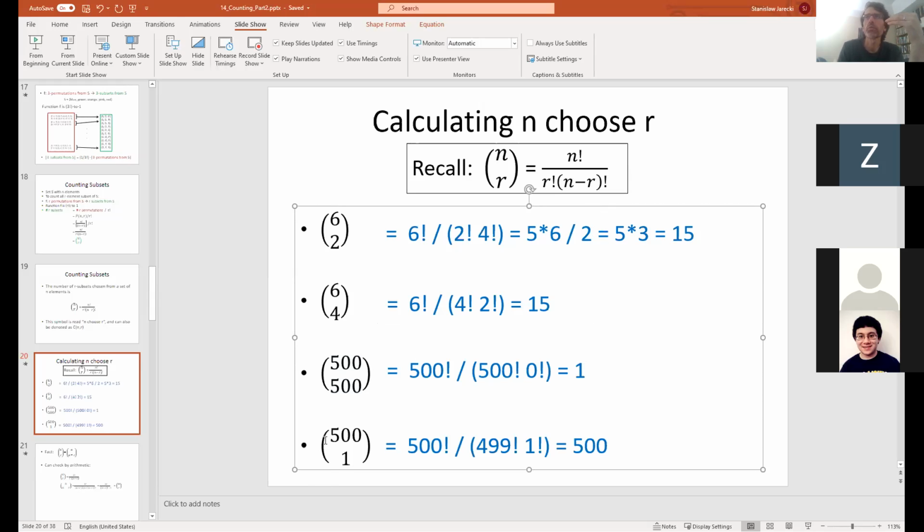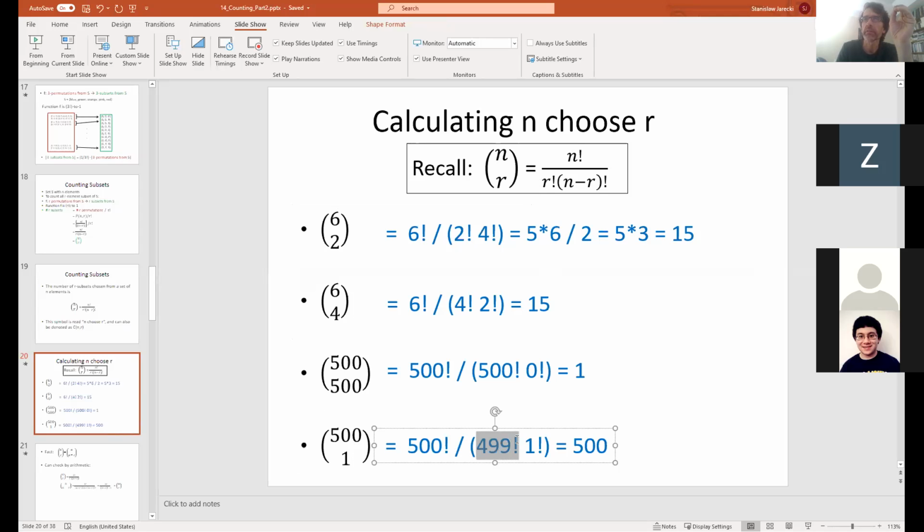What if you just take a 1 element subset in a 500 set? Well, that's just how many choices you have, 500, because it's just a singleton. So there's 500 choices. So let's see. It's 500 factorial divided by 499 factorial. That's r. Sorry, the 499 is n minus r, 500 minus 1.